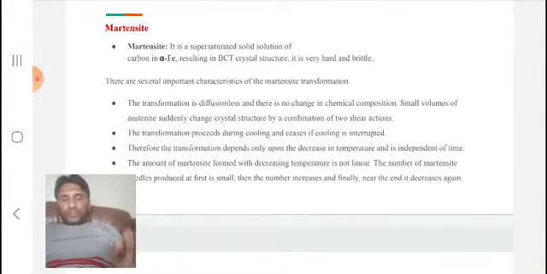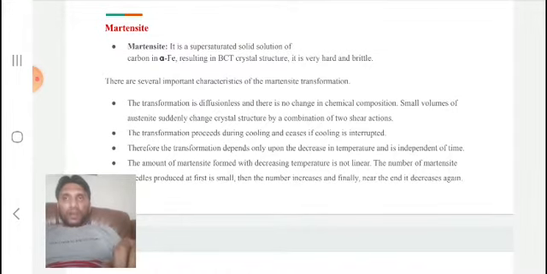But there is a problem during this transformation to martensite. There is no guarantee that 100% of the austenite is transformed into martensite, because when the steel section is quenched into water below 200 degrees centigrade, with rapid cooling, the outer surface will first get chilled and cooled rather than the core portion of the section.